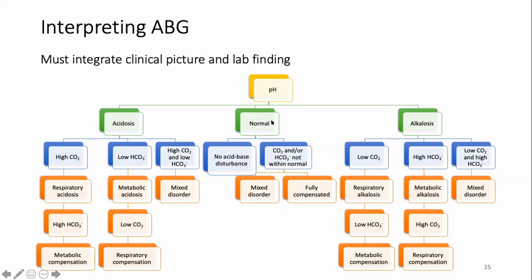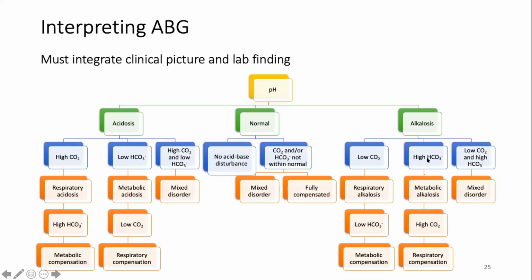If you have a normal pH, but the carbon dioxide and the bicarb are not within the normal range, then you probably have a fully compensated acid-base disturbance, or there is a mixed disorder. Similar for alkalosis, alkalosis is mainly because there's too little carbon dioxide or too much bicarbonate.